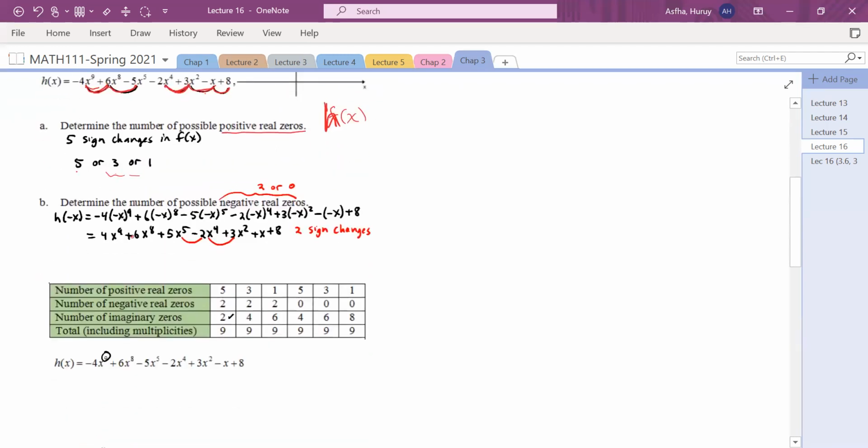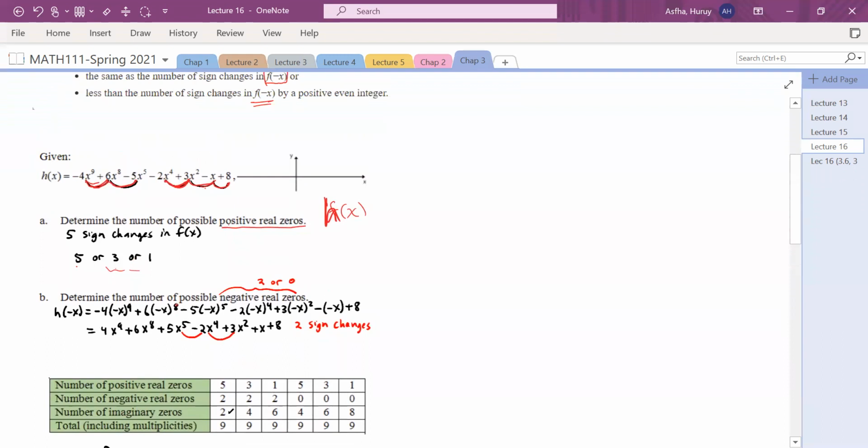And determine the number of possible negative real zeros. To determine this, we evaluate h at negative x. We need to find this. And this one will be negative 4 times negative x to the power of 9 plus and so on and so forth.